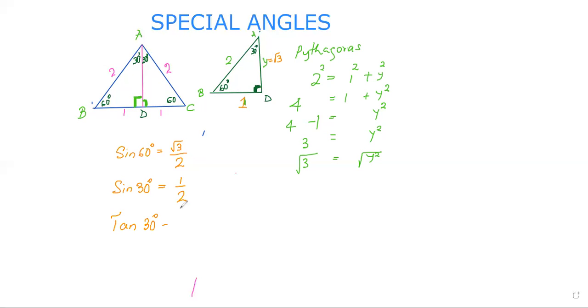By definition, tangent is opposite over adjacent. I said the word adjacent means next to. So the side that is opposite 30 will be 1, and the adjacent side will be the root of 3.